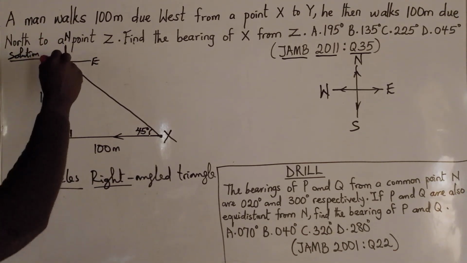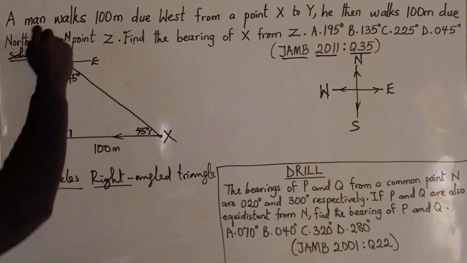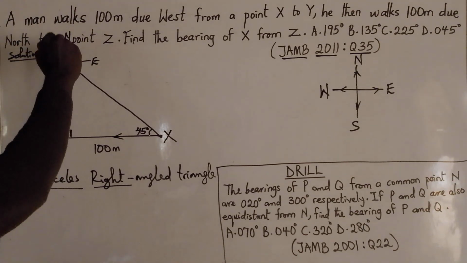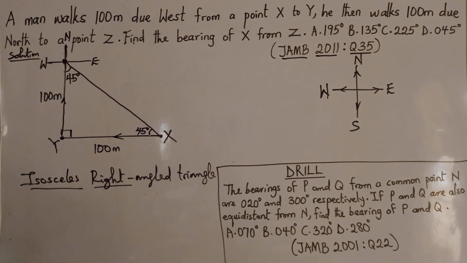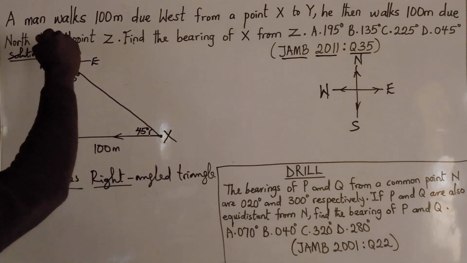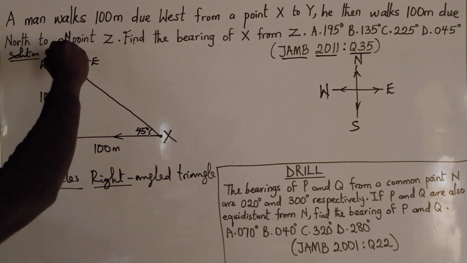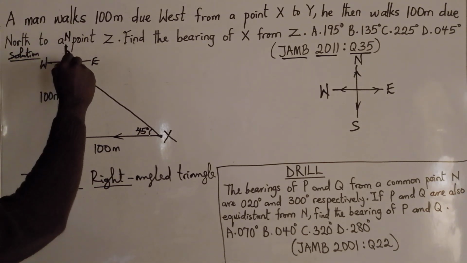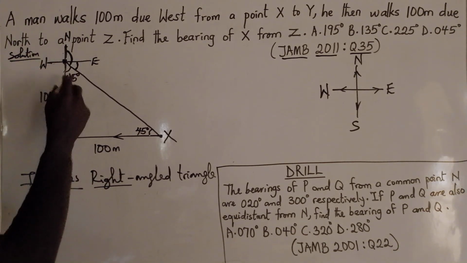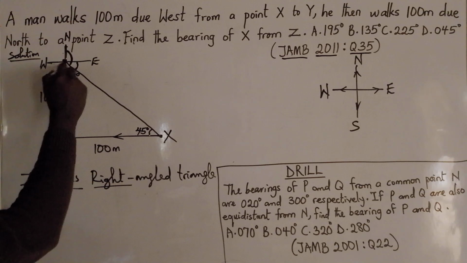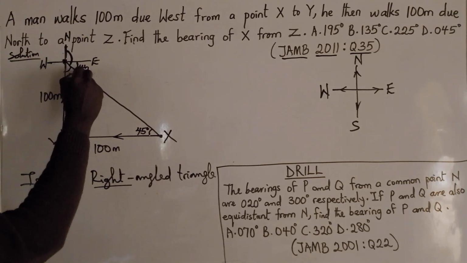The bearing from Z can be in two forms: the subverse bearing and the compass bearing. The subverse bearing starts in a clockwise direction from the north, down to the line. The value of this angle here is 45, because this angle here is 90 degrees.